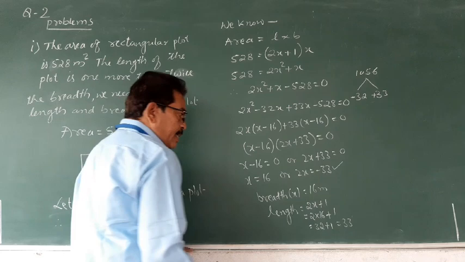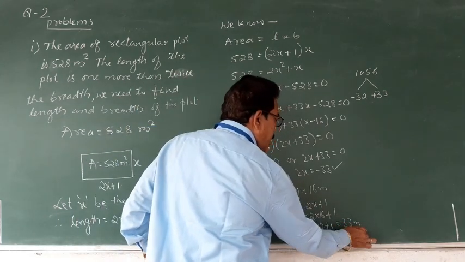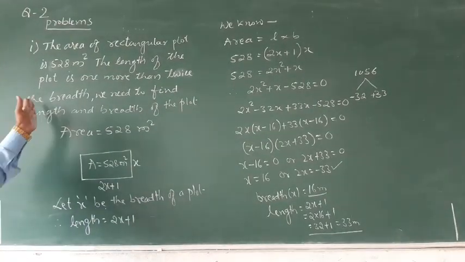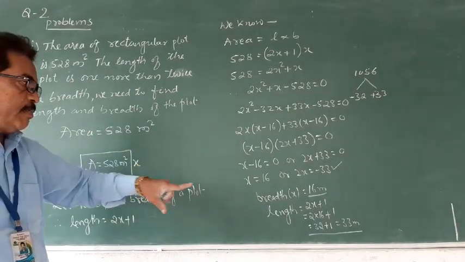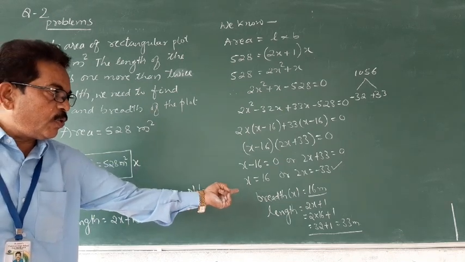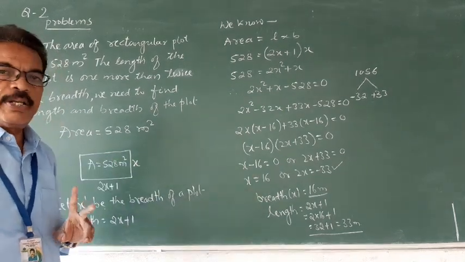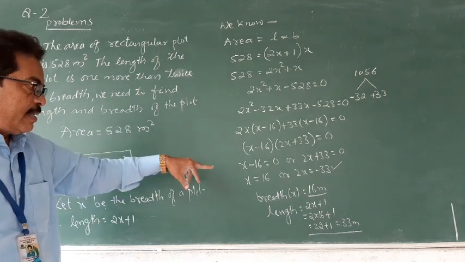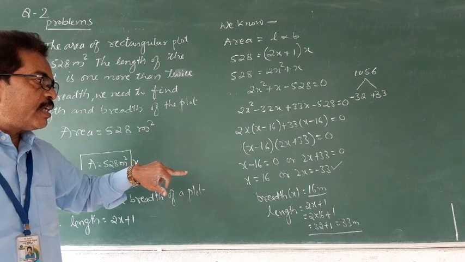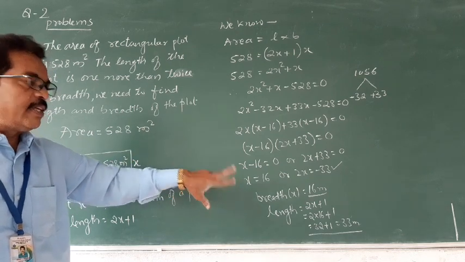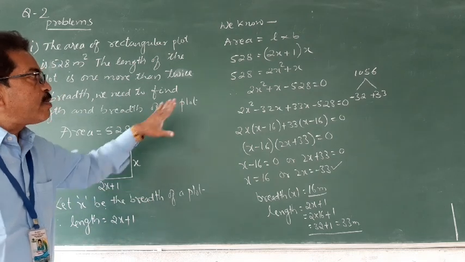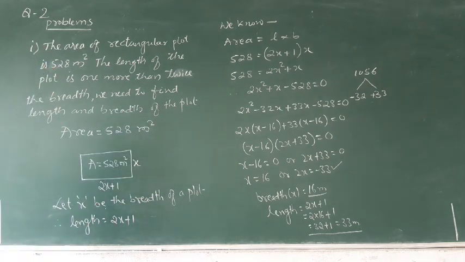So 16 meters and 33 meters is the answer for this question. That is, the breadth is 16 meters, and the length, 1 more than twice its breadth, 16 2s are 32 plus 1, is 33 meters. Okay, see once again how we have solved, and let us continue.